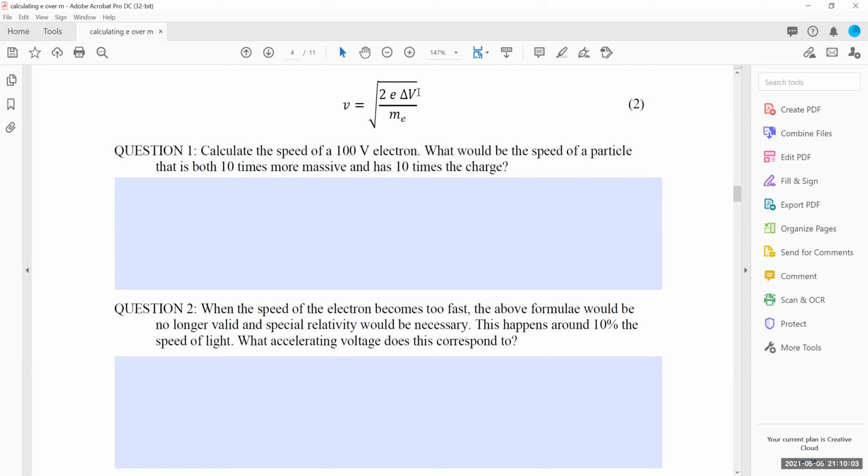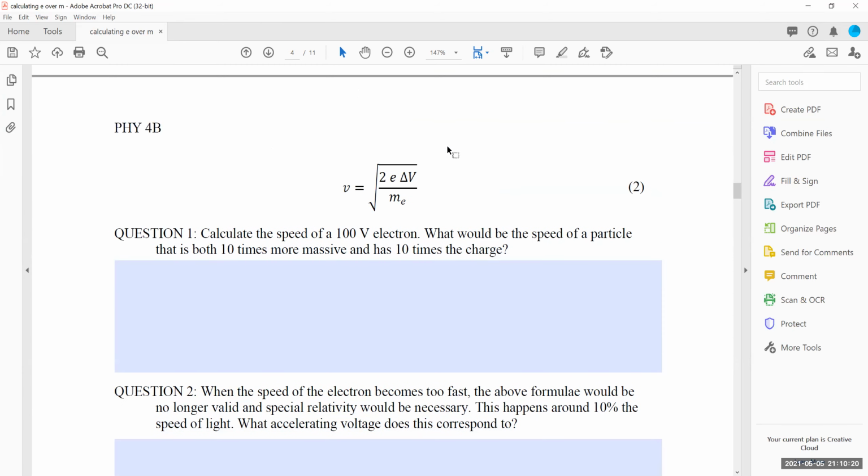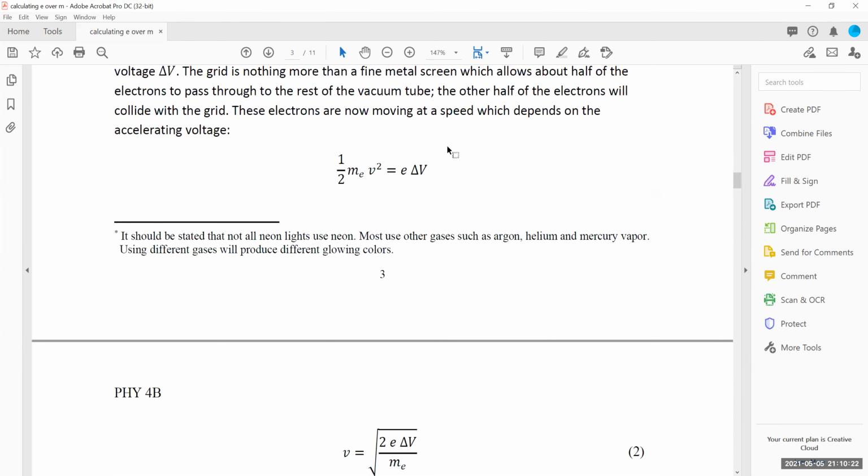So you put the velocity v to be 10% of the speed of light, which is 300 million meters per second. You know what e is, you know what m is, you know what 2 is. The only thing you're supposed to find is the voltage needed. You don't want to exceed that voltage. If you exceed it, all of this physics breaks down and you have to invoke another physics. Does this make sense so far?